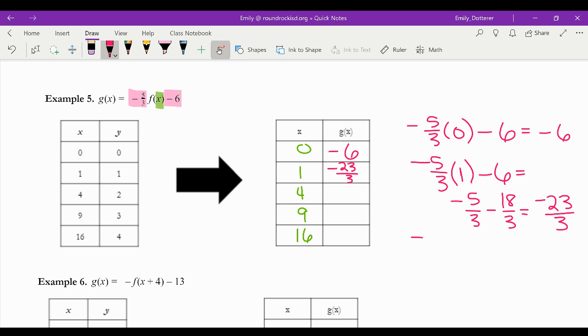Okay. -5/3 times 2 is -10/3, minus 6, which is the same thing as 18/3 because 18 divided by 3 is 6, gives us -28/3.